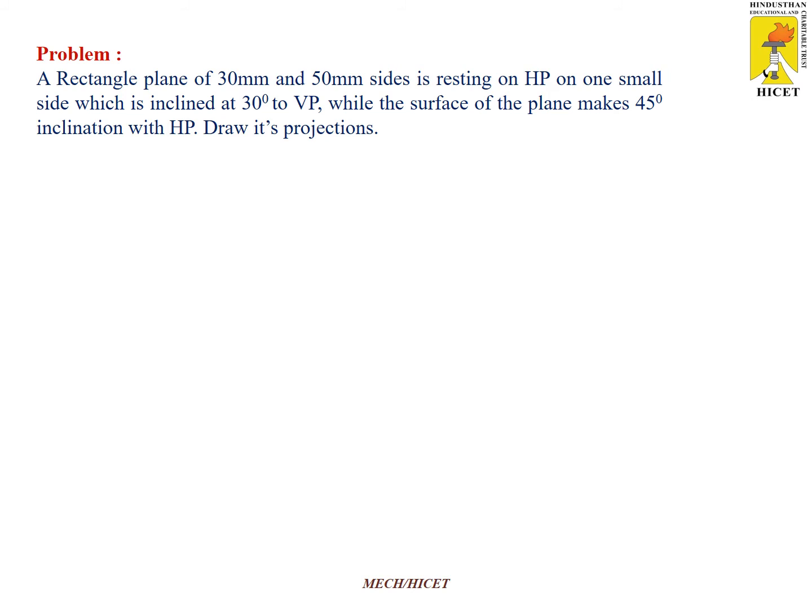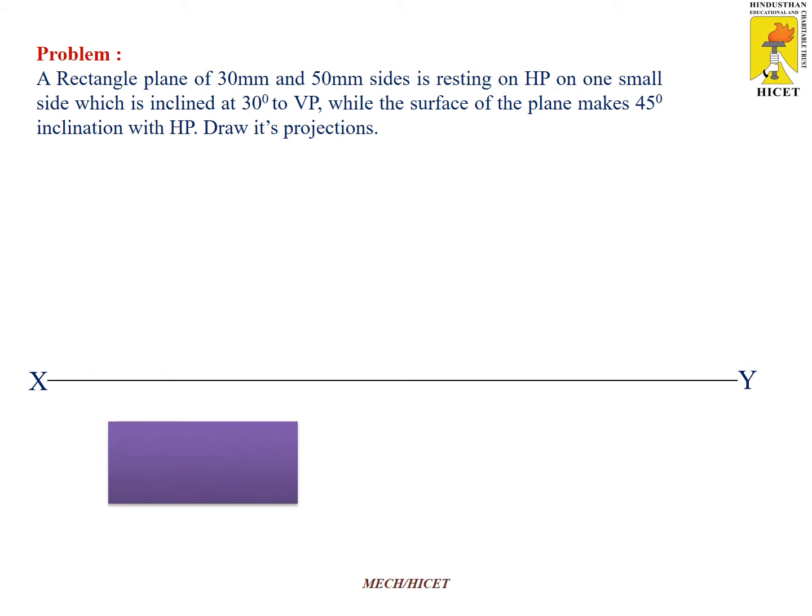Now first you have to draw the reference line XY. Draw a line XY, which is a reference line. After drawing, draw the rectangular plane of dimension as per the given dimension, 30 mm of smaller end and 50 mm of bigger end.